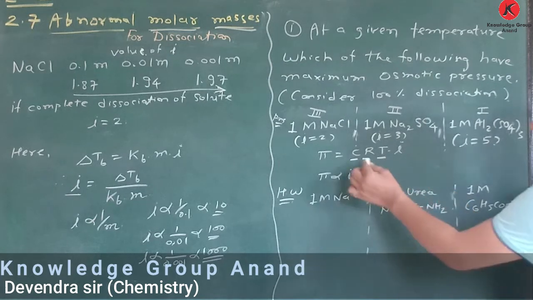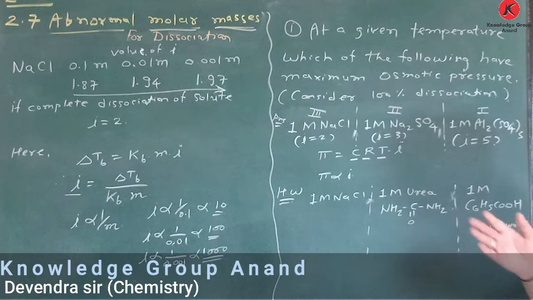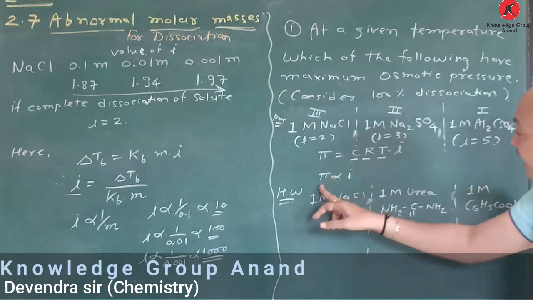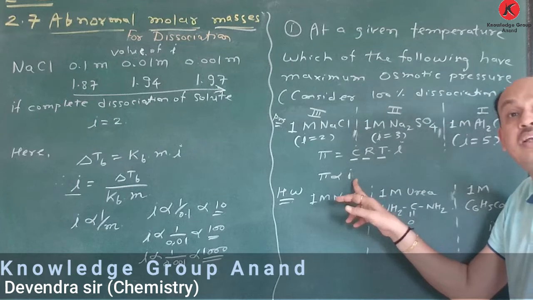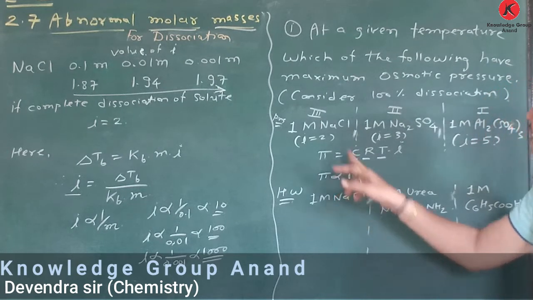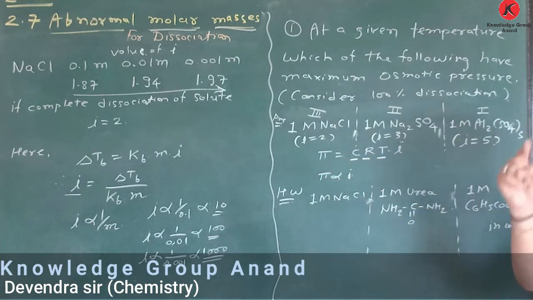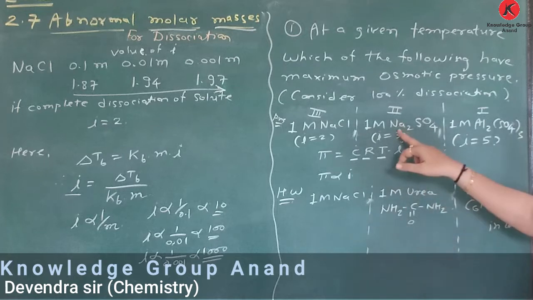So here C, R and T remain constant, so π depends on the van't Hoff factor. Suppose NaCl dissociates in water, then Na+ and Cl−, so i is equal to 2.